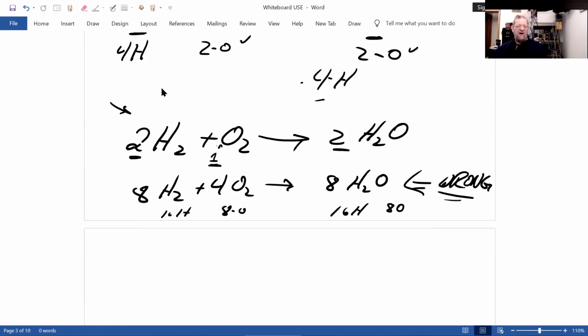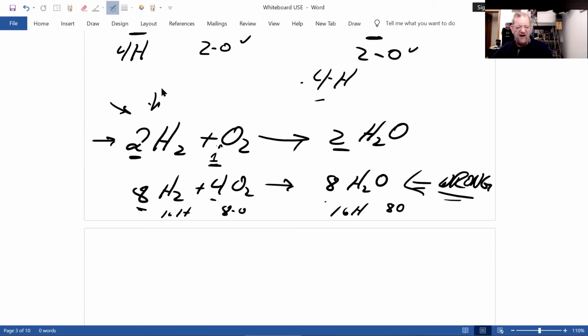And why is it wrong? Because the rule for balancing a chemical equation is you always want the smallest ratio of the coefficients. If you can divide all the coefficients by the same number and get whole numbers, because these are exact numbers, you can't have half a molecule existing, no way, then you should.